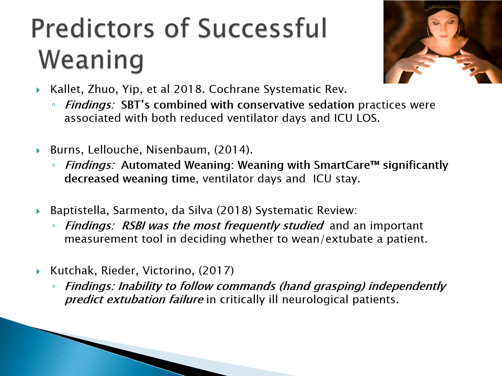Baptistella and others in 2018 also published a systematic review and looked at the RSBI, the Rapid Shallow Breathing Index, which was the most frequently studied and an important measurement tool in deciding whether to wean and extubate a patient. So it's certainly one of the more prominent criteria that would be used, but hopefully used in the context of other indices as well.